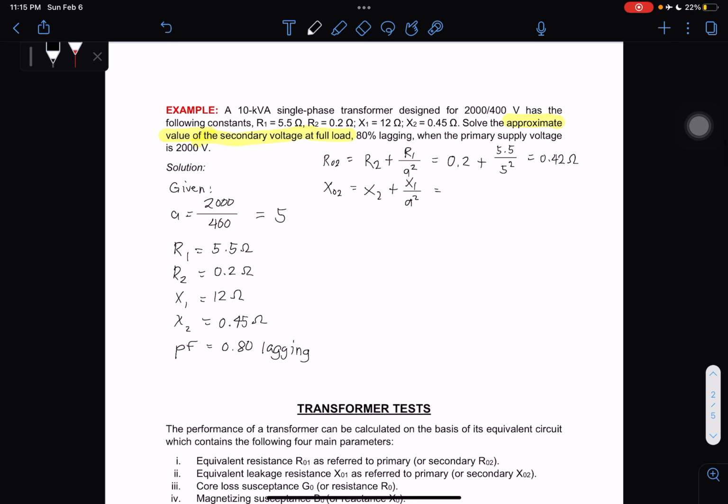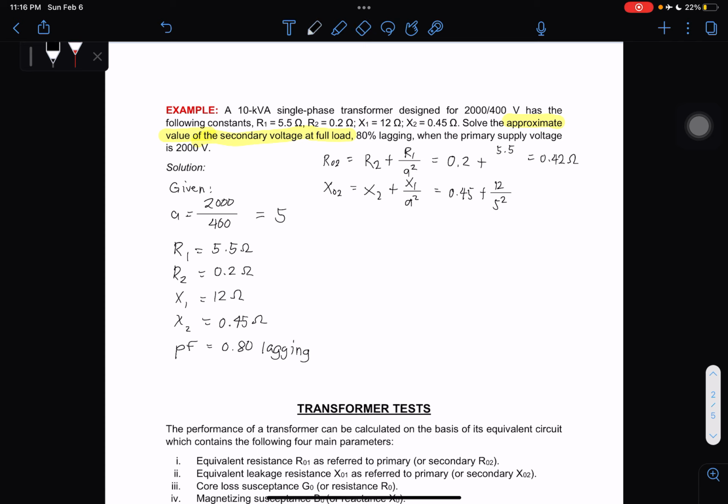Substitute, since given tan θ = 0.45, plus 0.12 divided by a squared, which is 5 squared.